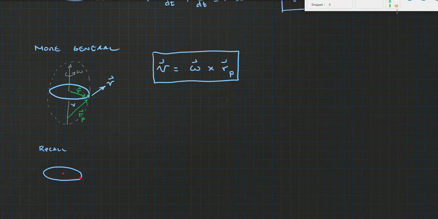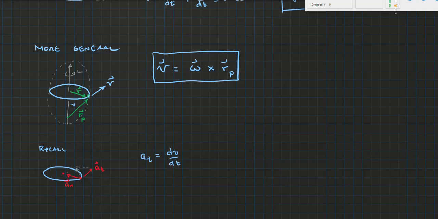Now recall, when you have a particle circling a point, you have a tangential acceleration vector, and you have a normal acceleration vector, and these, of course, add to represent the total acceleration, which usually points inward of the circle you're rotating around.